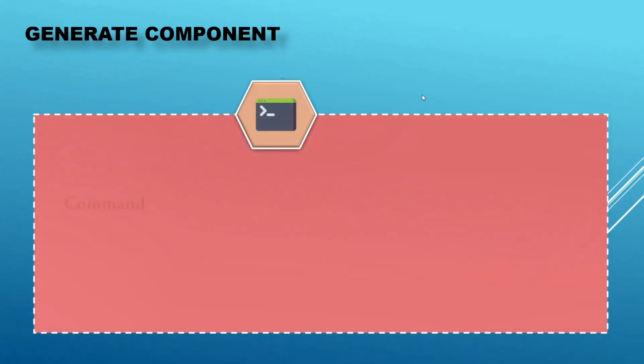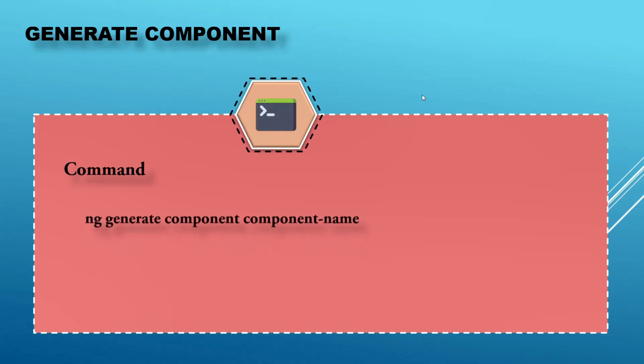Now let's see how we can generate components. We have a CLI, the command line interface, in Angular. By using that we can create a component easily. We don't need to do it manually. We need to write a command to create a component. We have ng generate space component name.